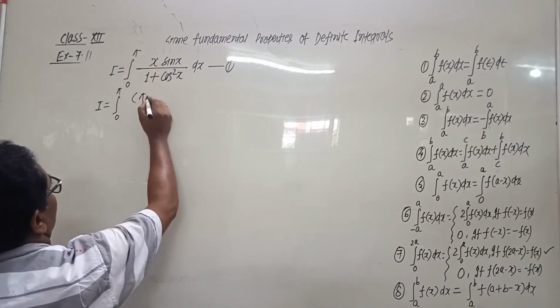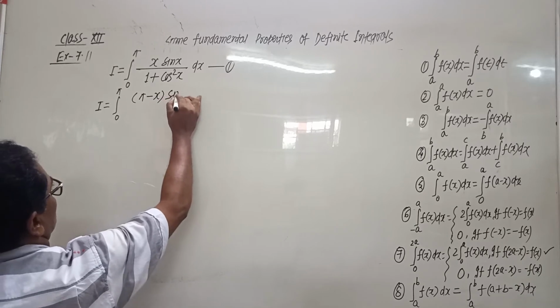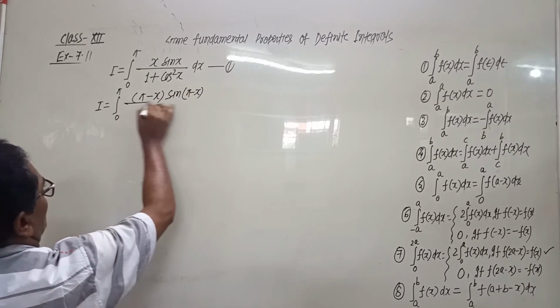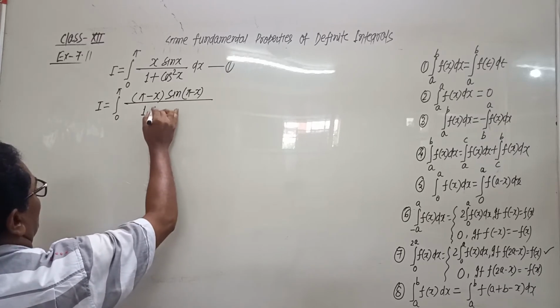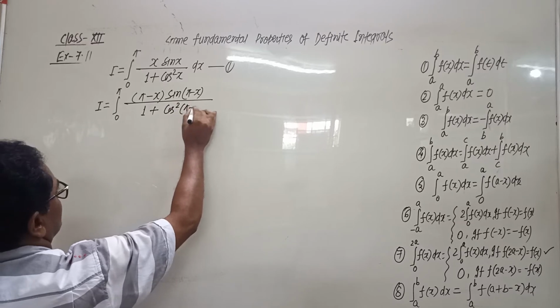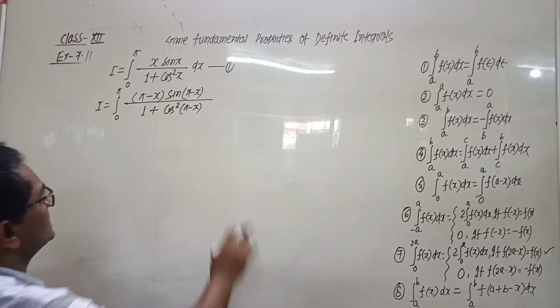Here a is pi. So (pi minus x) into sin of (pi minus x) upon 1 plus cos square of (pi minus x), and dx.